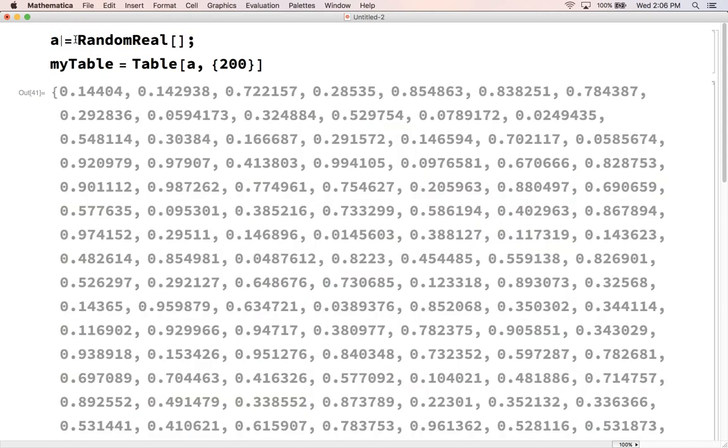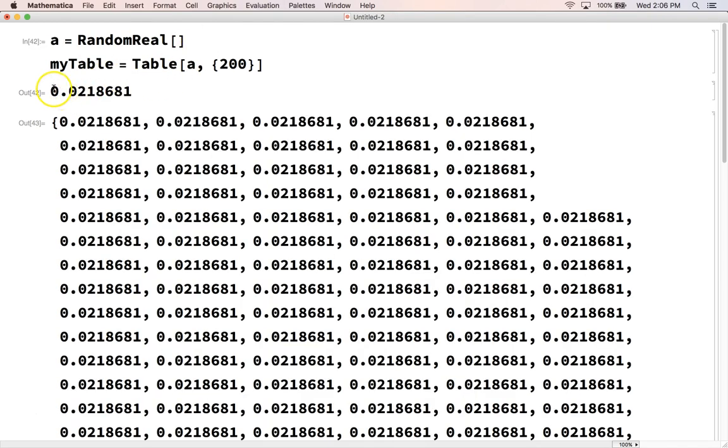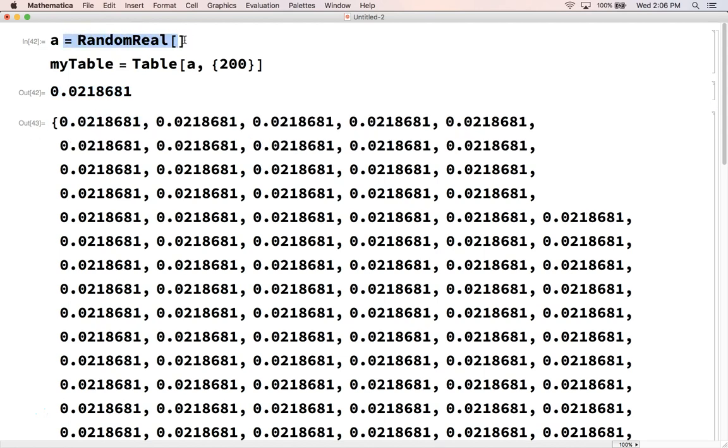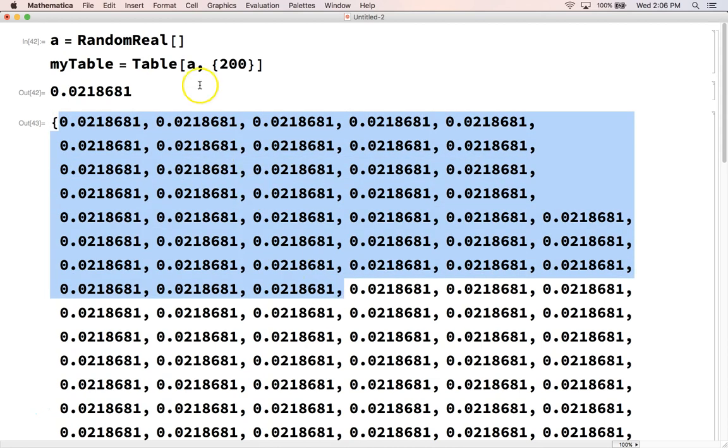Whereas with immediate assignment, let me take away this semicolon. So this line here corresponds to this assignment of A with no semicolon at the end of it. And then this line here corresponds to putting that single number into a length 200 list, putting it in there 200 times.